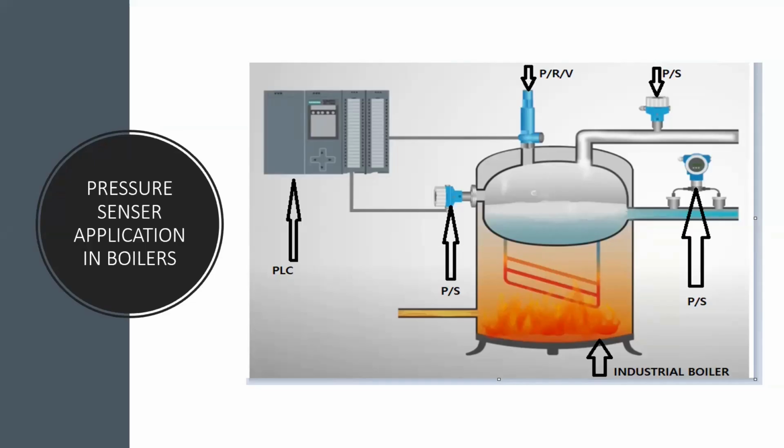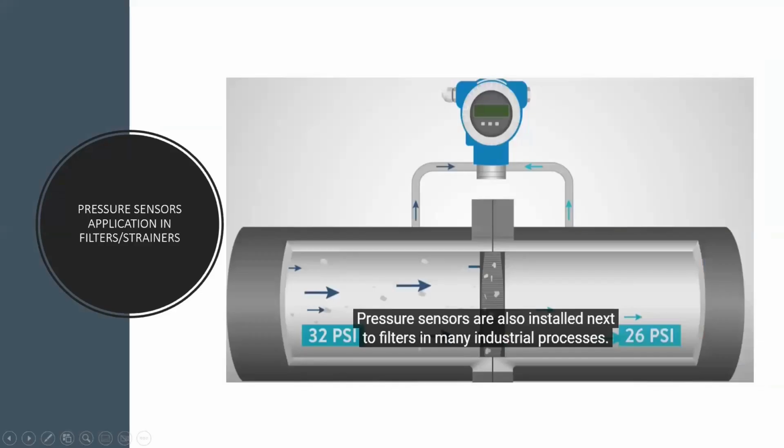And we can go over to the next slide. Here, the differential pressure measurement. Here, pressure sensors are also installed with filters, in order to be able to check in different forms.